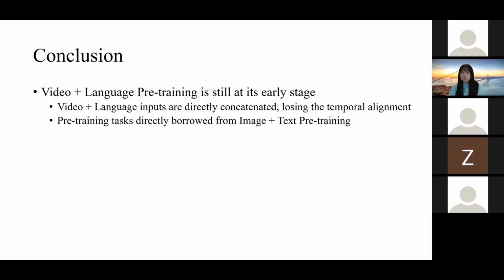Second, pre-training tasks are directly borrowed from image-text pre-training. For example, MLM is similar, MFM is similar to masked region modeling, and image-text matching is similar to video-text alignment. There's no specific design proposed for video plus text pre-training.